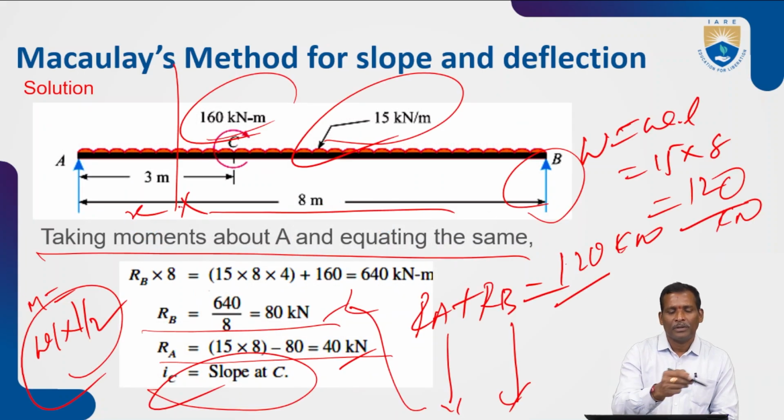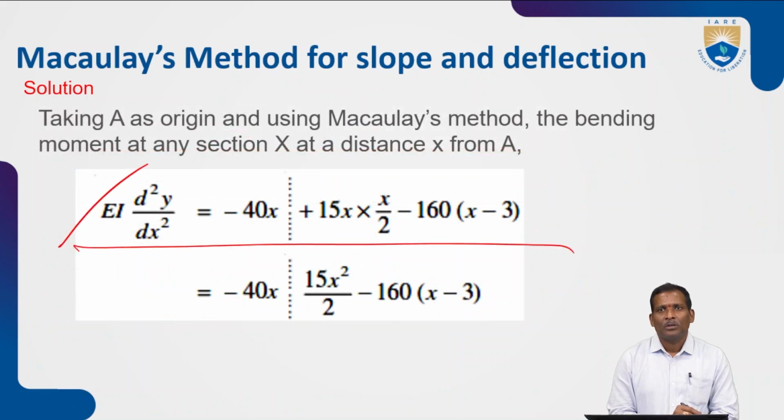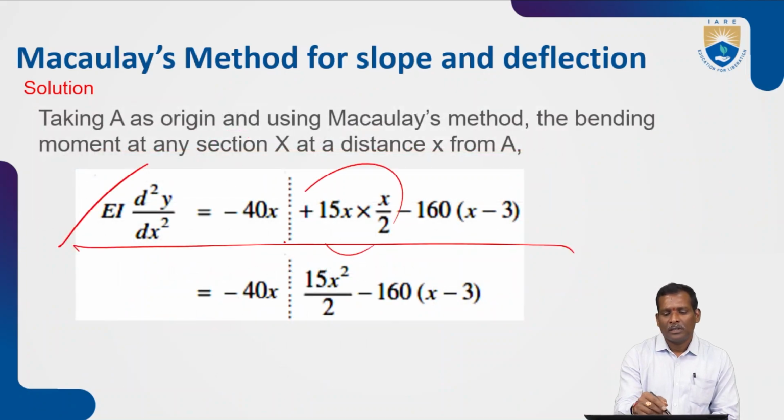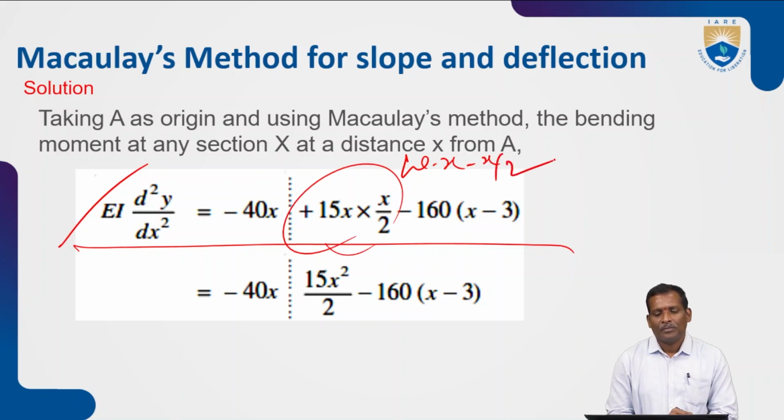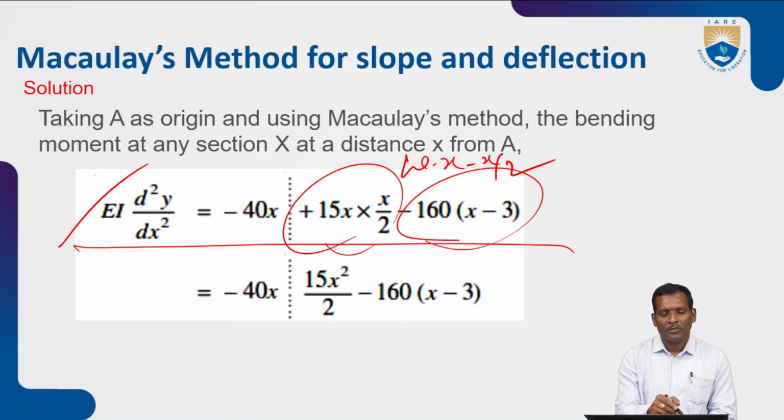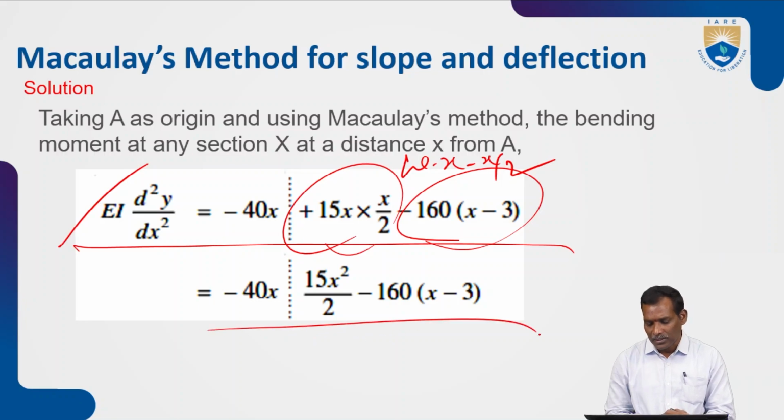So 15 multiplied with x into x by 2, as I already told you, w into x into x by 2, minus 160 into x minus 3. After simplification, it is minus 40x plus 15x square by 2 minus 160 into x minus 3.